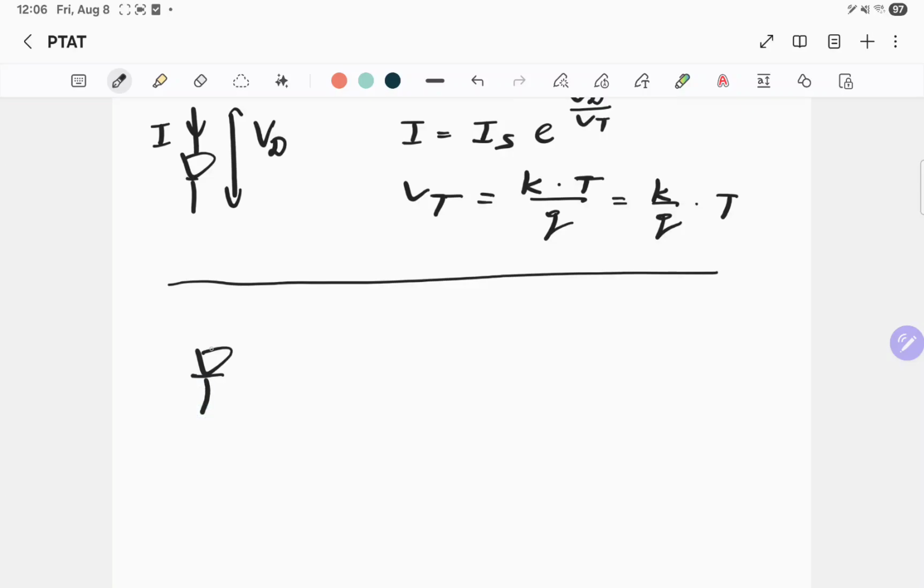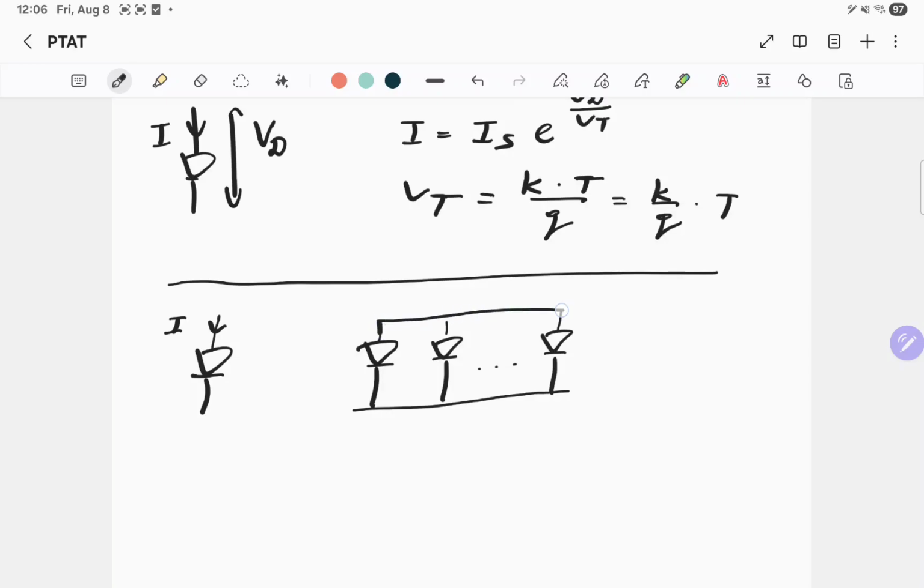We have one diode here with some current I that flows in, and we have n copies of that diode here, connected as follows, and let's assume that the same current that flows in this left diode flows into here, which means that if we have n diodes, then each will see only the I over n current.